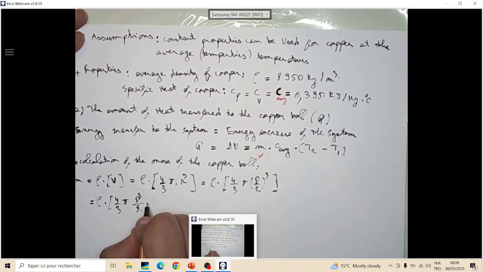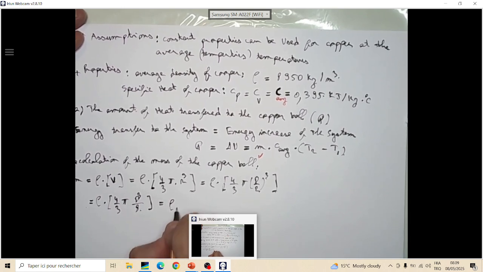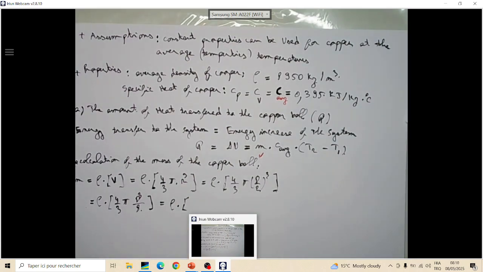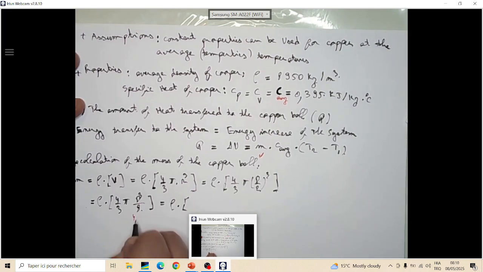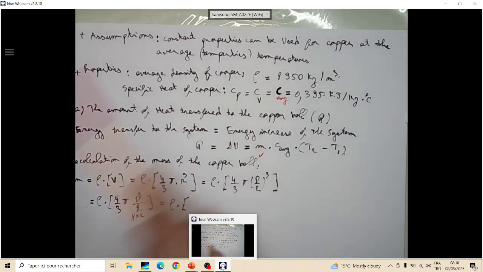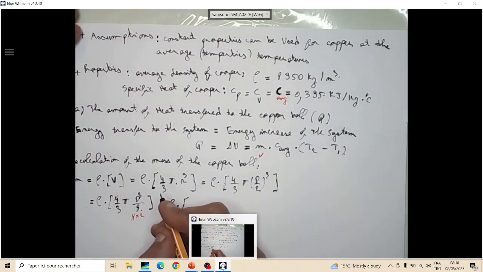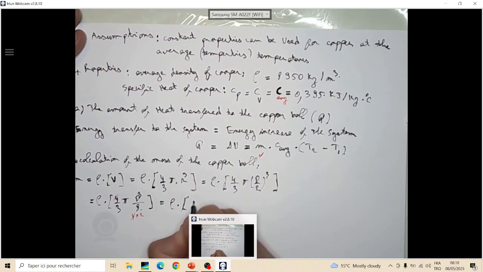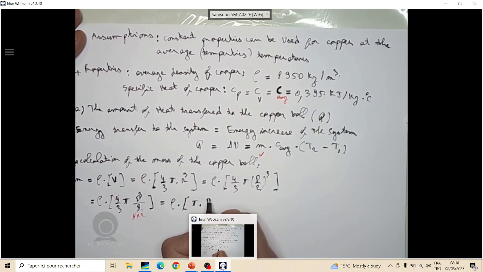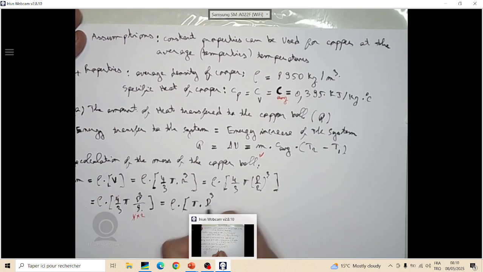Here we have 8 is 4 times 2, so this 4 will be cancelled with this 4, and at the end I will have the mass is equal to the density times pi times d to the power 3, where d is the diameter of the ball, over 6.